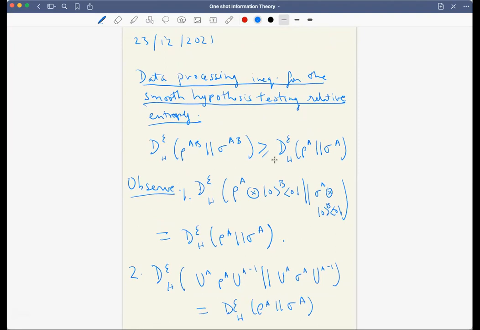So these two observations make sense: attaching a ket 0 ancilla does not change the smooth hypothesis testing relative entropy, and the unitary operation does not change it either.